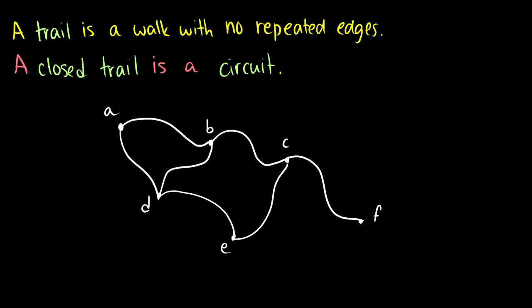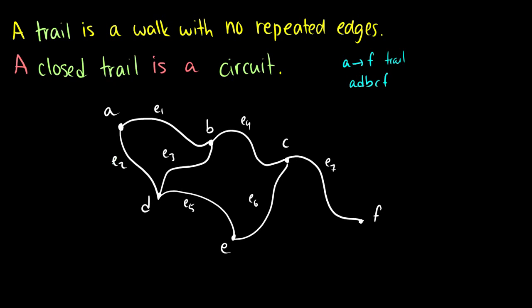So for instance, let's label E1, E2, E3, E4, should put this right there, E5, E6, and E7. So let's do a trail from A to F. Okay, so what we can do is we can go from A to D using E2, and we can go to B with E3, C with E4, and F with E7.